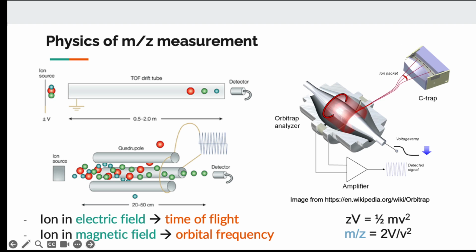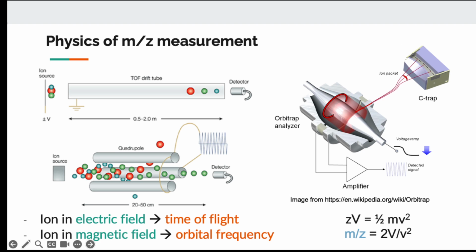So by solving this equation, there are only two unknowns. We know the voltage, that's what we apply to the machine. We know the velocity because we convert back from time. But we don't know the mass and we don't know the charge. So from the physics equation, the only thing we can deduce would be the ratio between mass over charge. And that will be in the form of the voltage and the velocity squared.